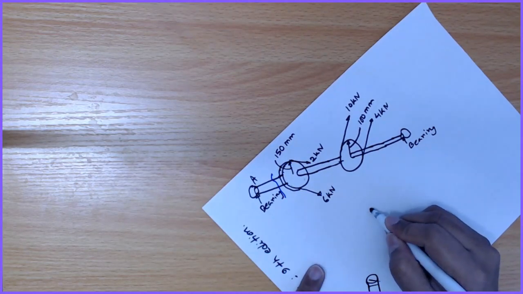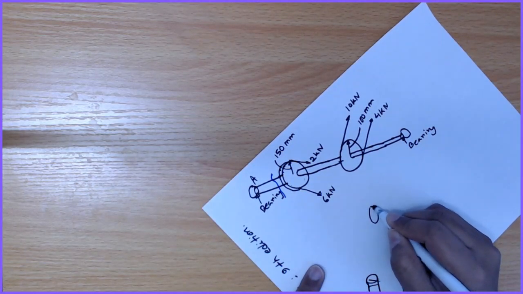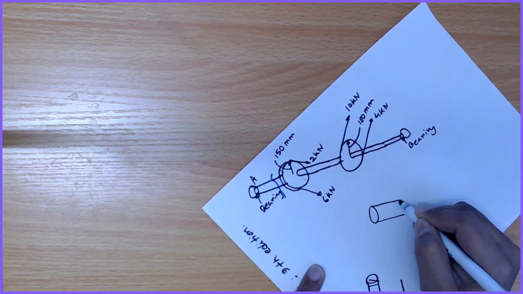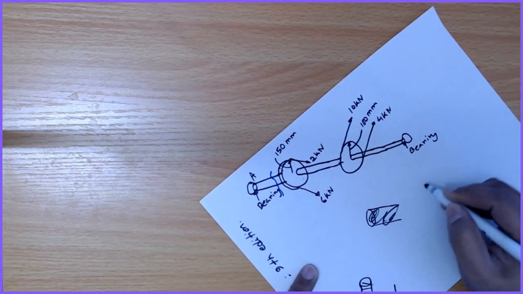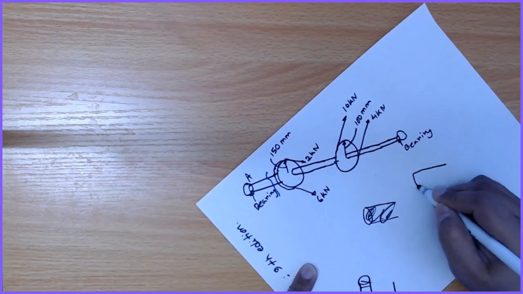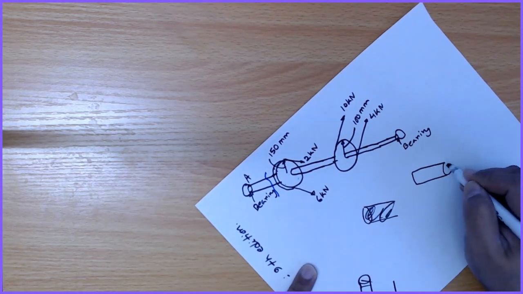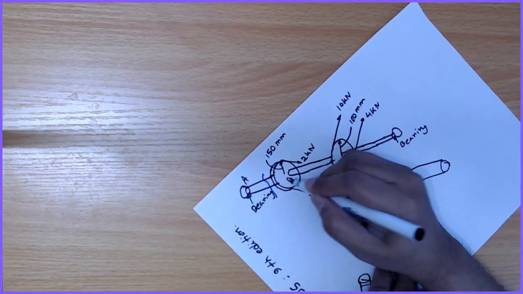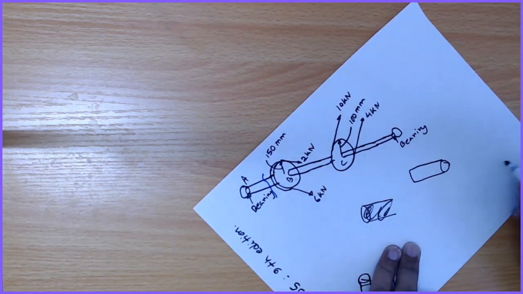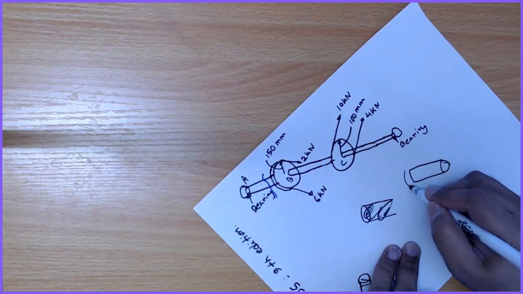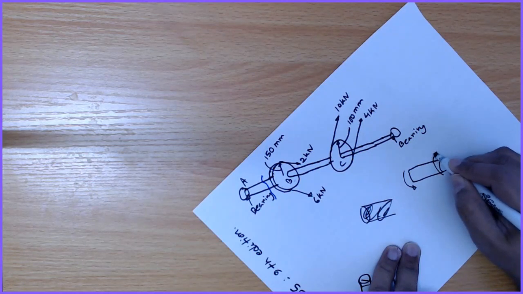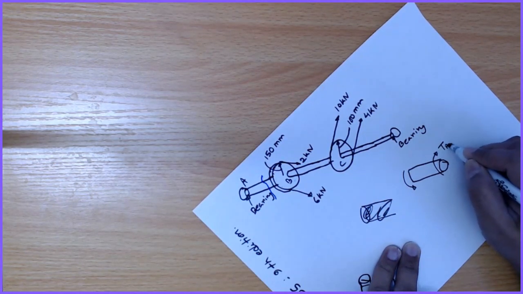So in this section, this is my B, this is my C. In this section, this is the torque at AB.